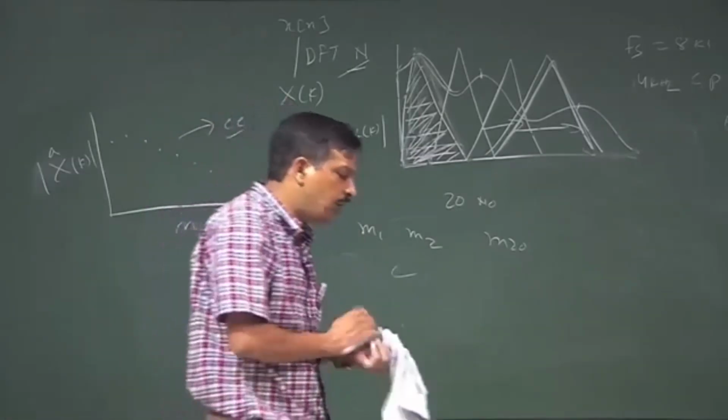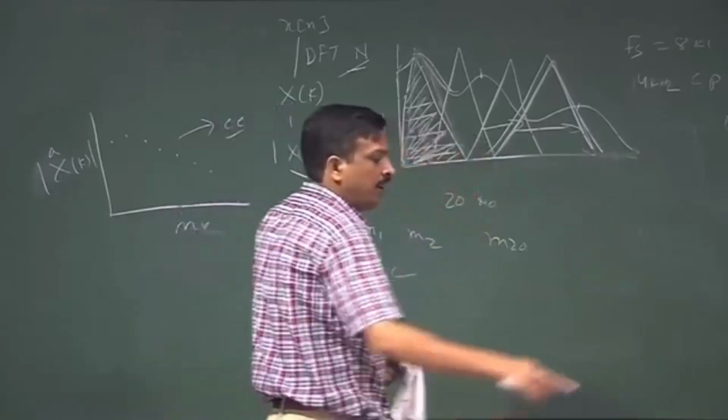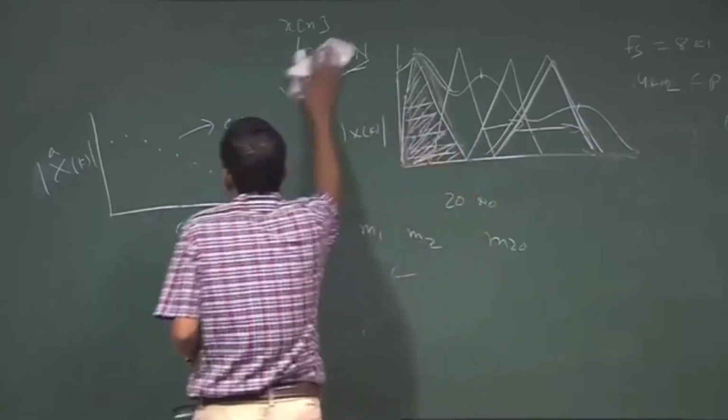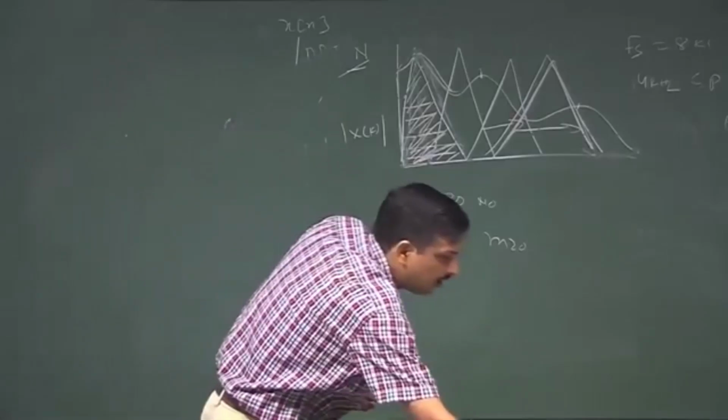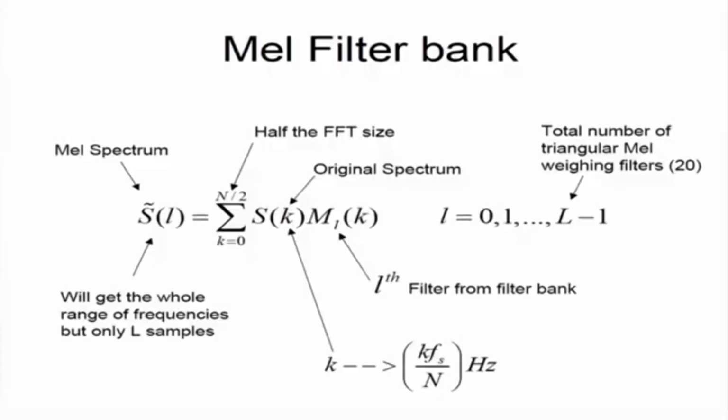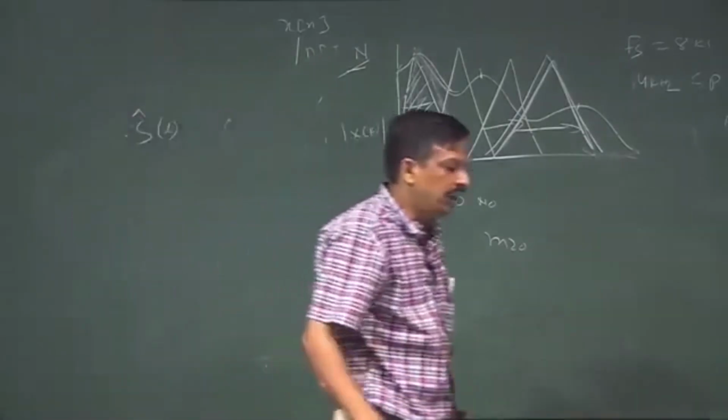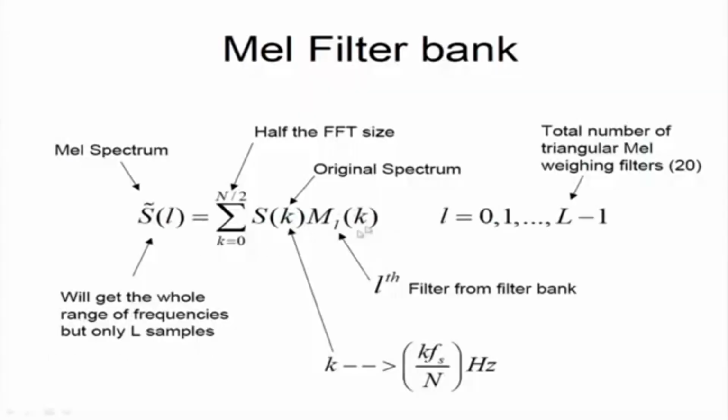So, what I am actually doing mathematically is designing the filters. I will explain that in the next class. First, I describe the equation. I calculate X cap L, where L is the number of filters, using the mel filter bank.